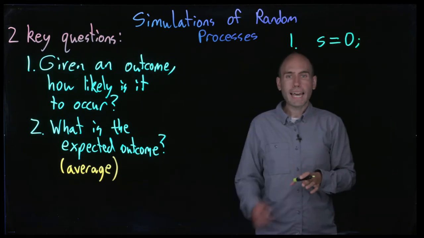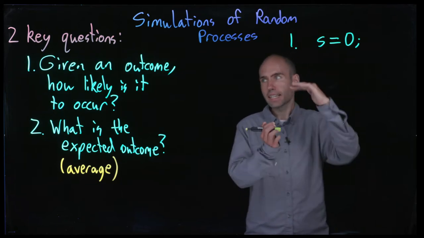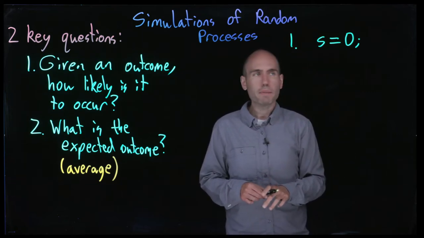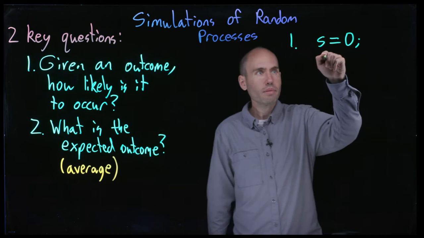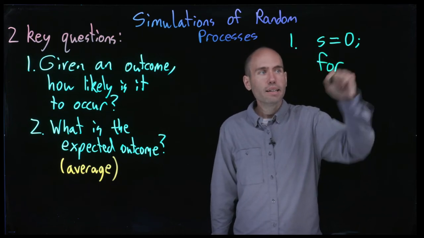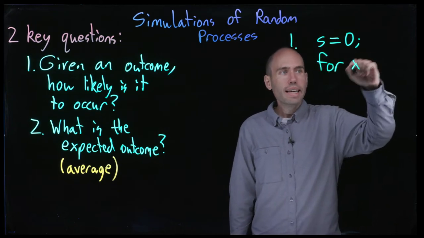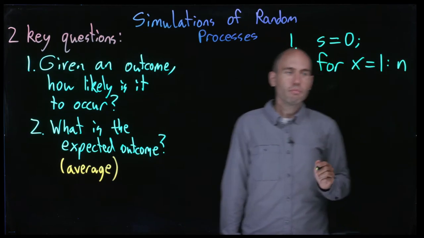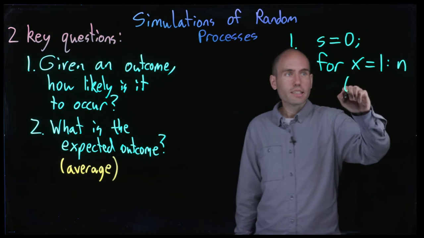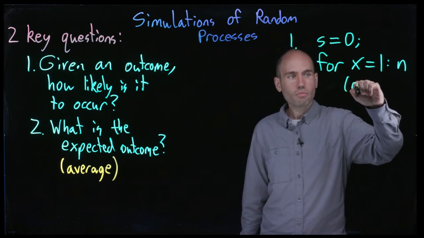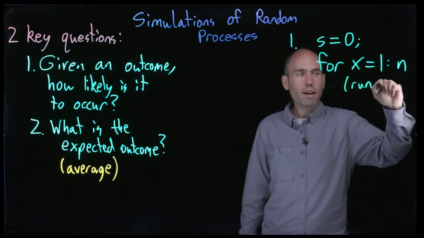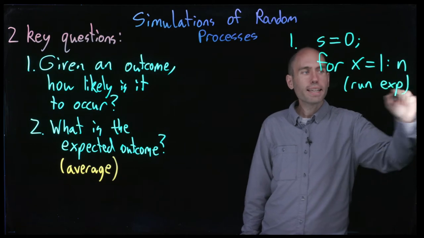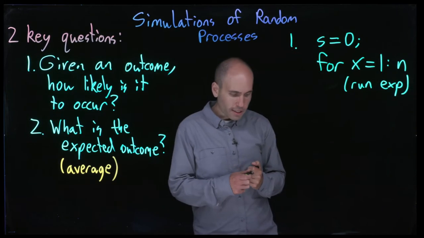I'm using s to stand for success: did the outcome we want to happen actually happen? And then for experiment 1 to n, run the experiment. So we're going to run the experiment n total times.